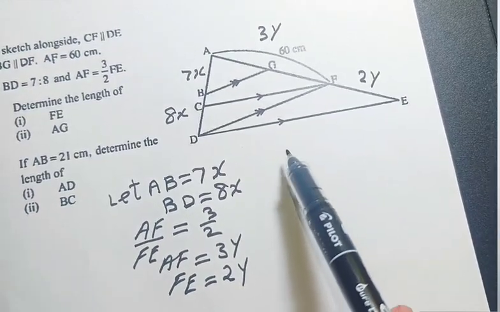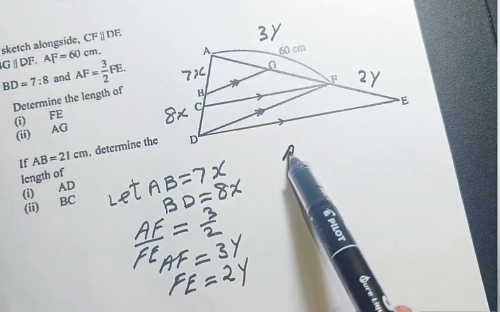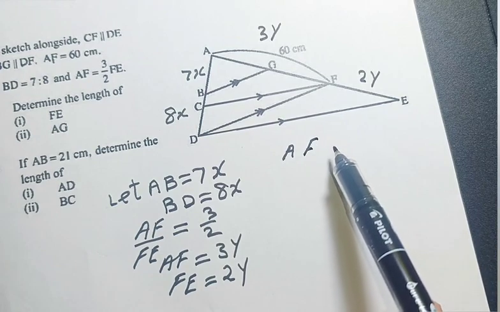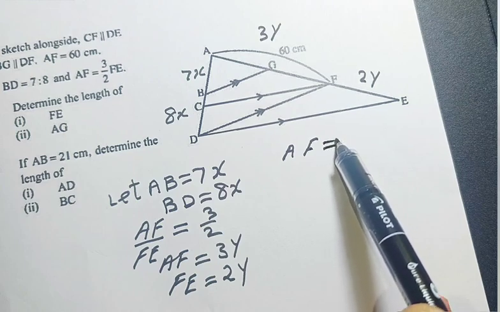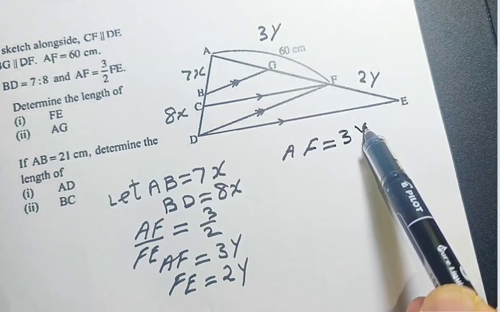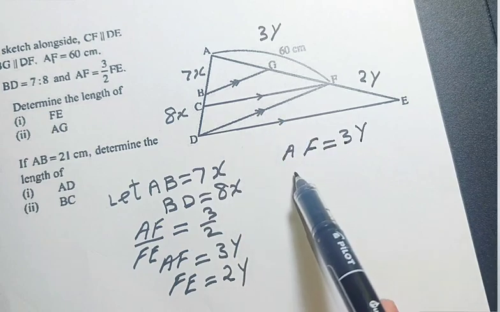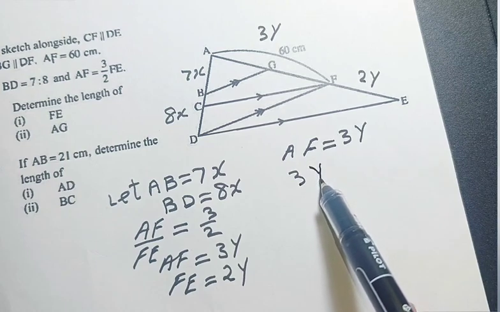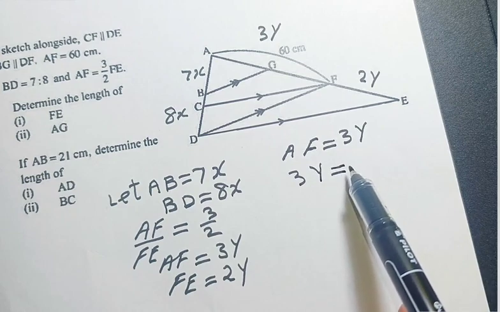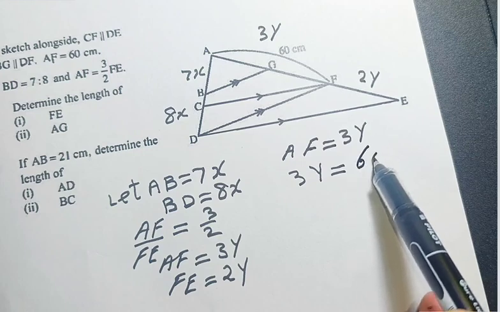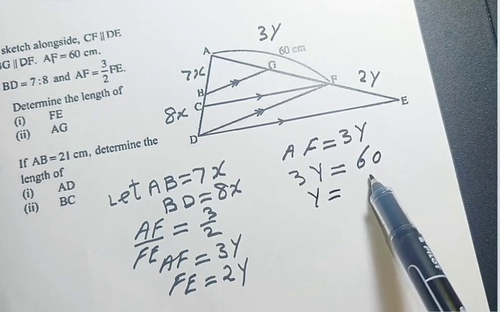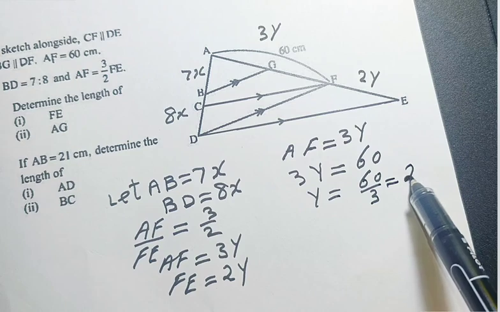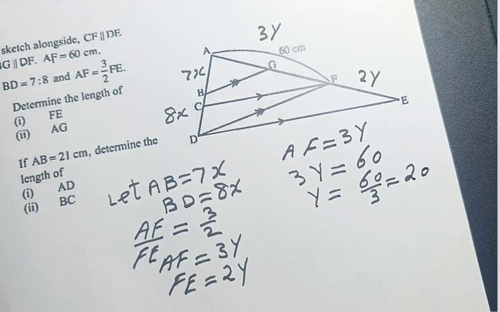So we have AF, which is 3y. But AF is 60 centimeters, so we equate 3y equal to 60 centimeters. So y is 60 divided by 3, which is 20.